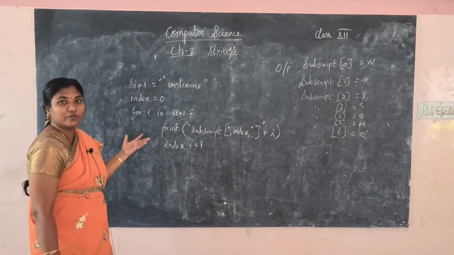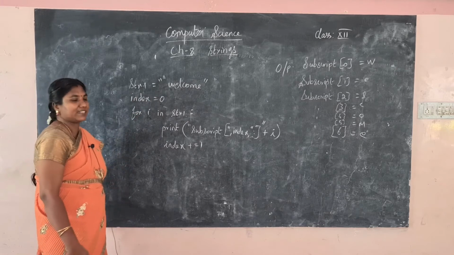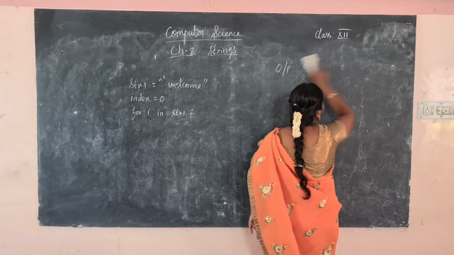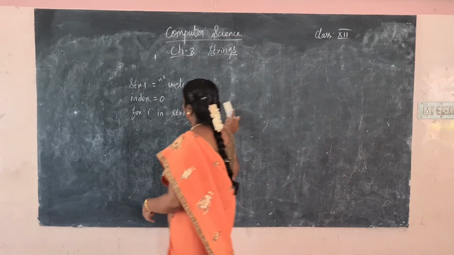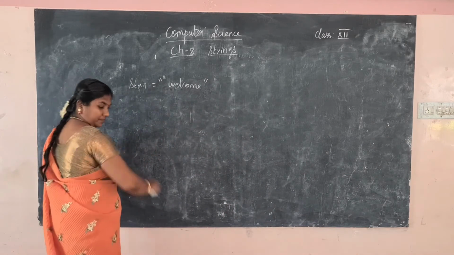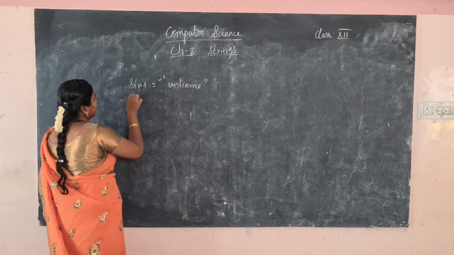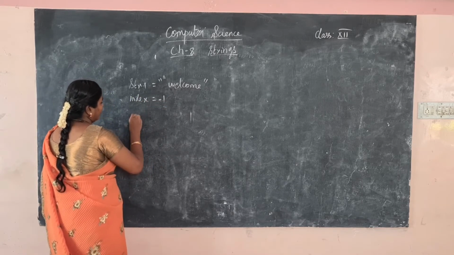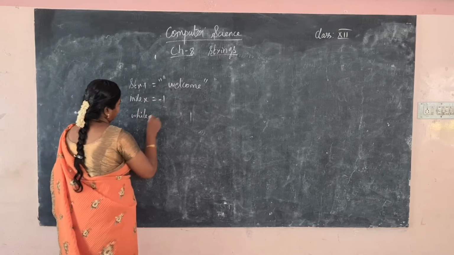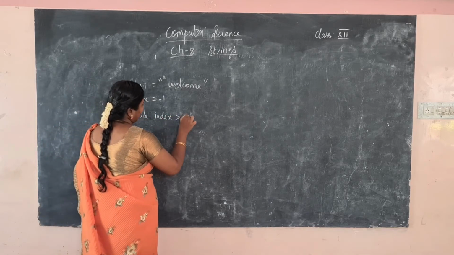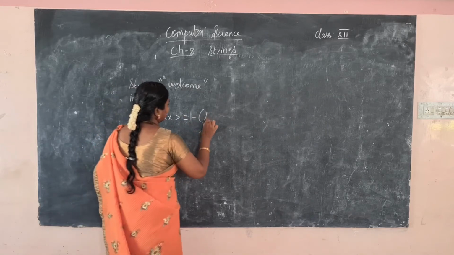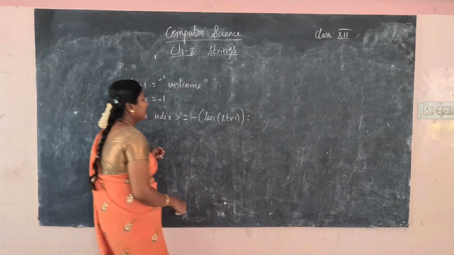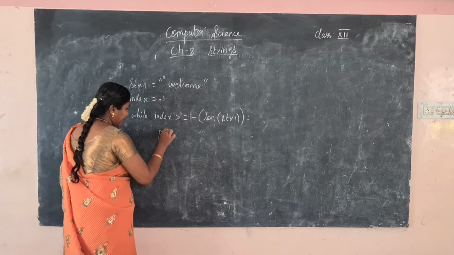Suppose I am going to print the word with negative index, let us see how the Python code will be. Let me have the same string. Let the index value be equal to -1. I am having a while loop: while index is greater than or equal to minus of the length of string 1. While I am having this, I am going to print the same thing, the subscript.